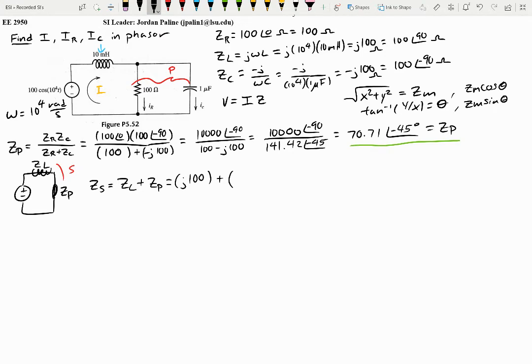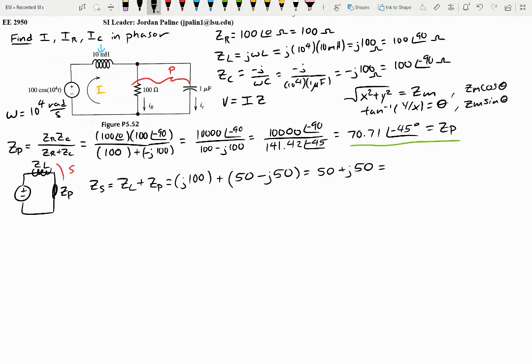Using those, we will get 50 and then negative J50. When we add these together, we will get 50 plus J50.